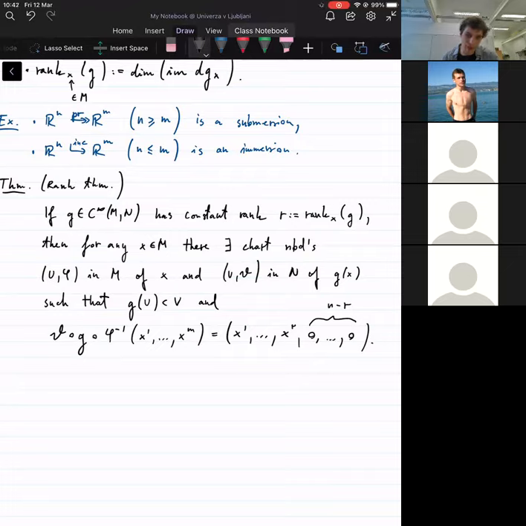But in the case of an immersion, r would be equal to m, the dimension of the domain, and there would be n minus m zeros in the end, which immediately means that the dimension of the codomain must be greater than the dimension of the domain.